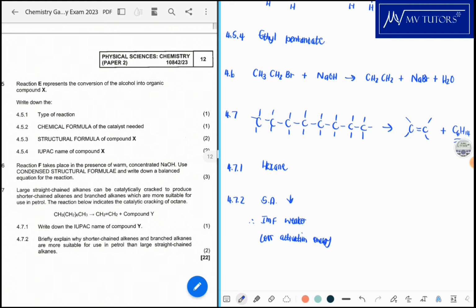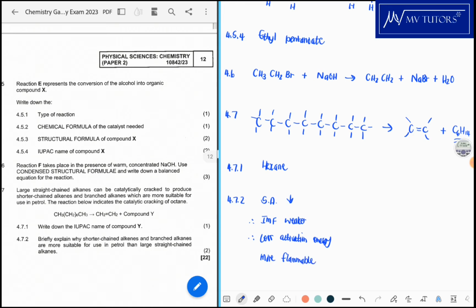Then petrol would be more expensive than it is right now. Okay, so we need shorter chained alkenes and branched alkanes because the surface area is less. As a result, you have weaker intermolecular forces, and as a result, you need less activation energy, and it makes it more flammable.